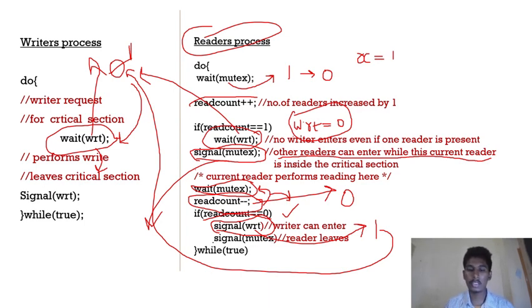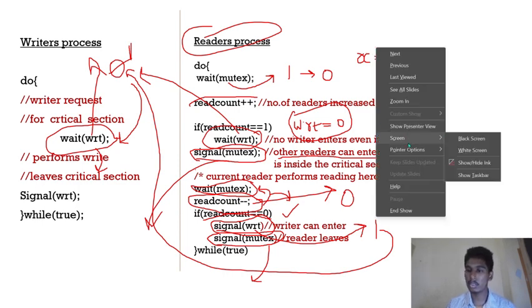After this, since the reader process is leaving, it should signal the mutex, saying that it is leaving. So this is the entire process running in the readers and writer problem.